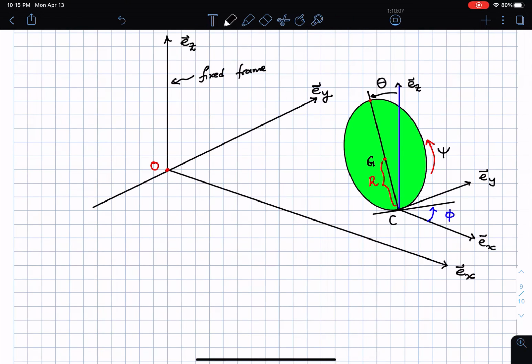All right, now what are my configuration coordinates for this particular problem?